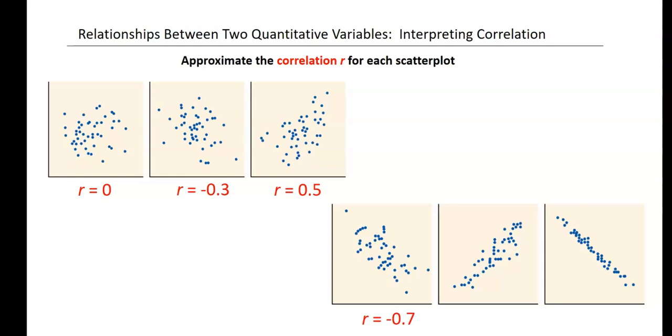So maybe 0.8 or 0.9 there, I'm guessing. And the last one, that's pretty strong. So I don't know, 0.97 or something, 0.99. It's negative. Oh, sorry. I was so focused on how strong it was, I forgot to say it's a negative association. So the R, the correlation, would also be negative.